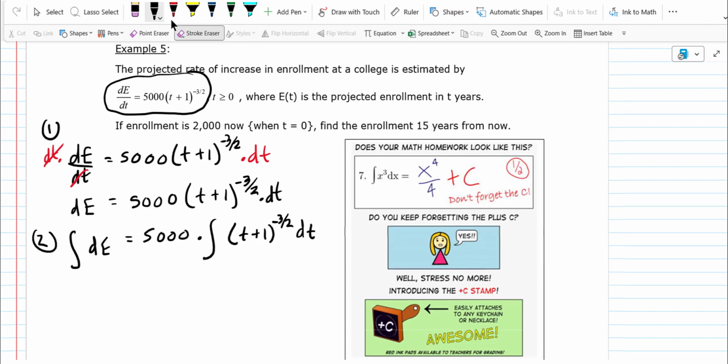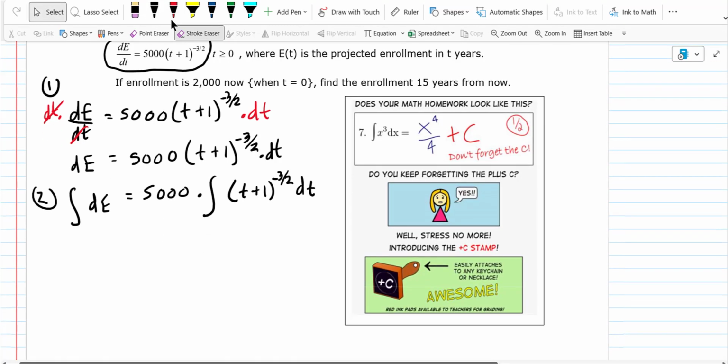So what I'll be looking at here now is a u substitution integral. I'll show you in a minute that you could do this particular integral without u substitution, but we're going to go ahead and do it by u substitution. So that part right there is going to be your u.